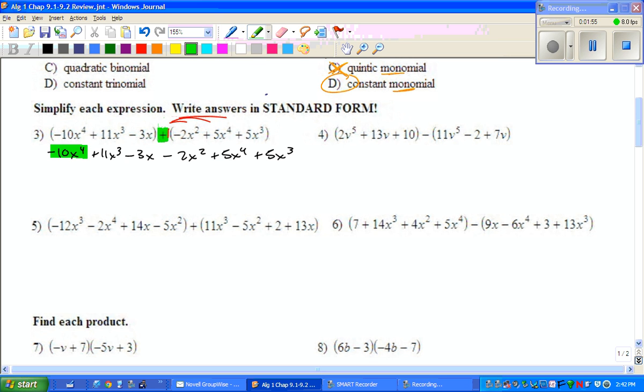Okay, so let's see. I'm trying to find the highest exponent. Negative 10x and positive 5 gives me negative 5x to the 4th. After that is the 3rd power. Both of those are positive, so that means it's positive 16x cubed. Next would be squared, but there's nothing else there, so that just stays the same.